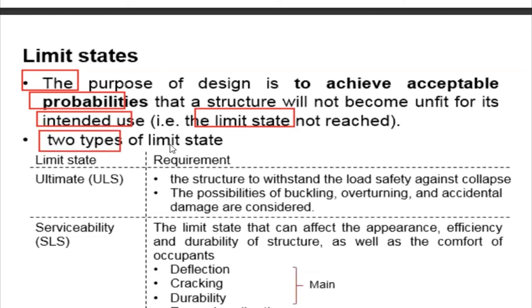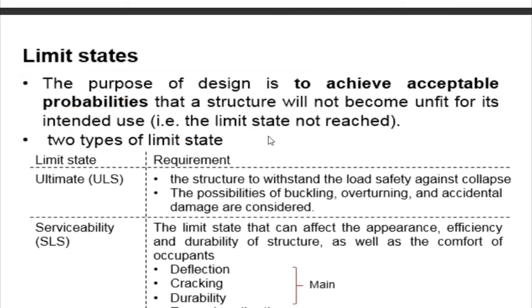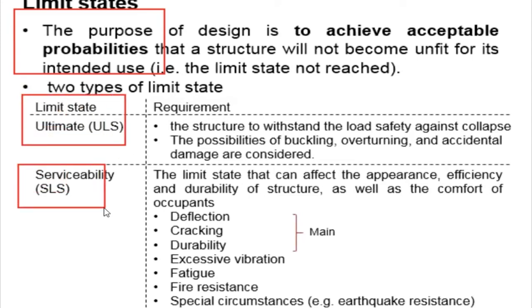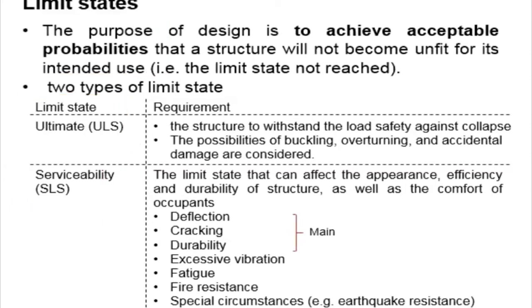Now, the two types of limit state. The first one is the ultimate limit state. The second one is the serviceability limit state. Now, what is the difference between ultimate and serviceability? Once you consider the ultimate, it means the structure should withstand the load safely against collapse.